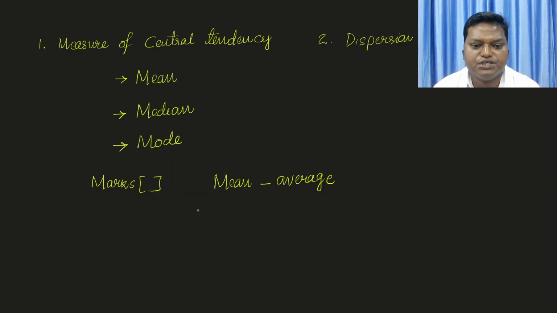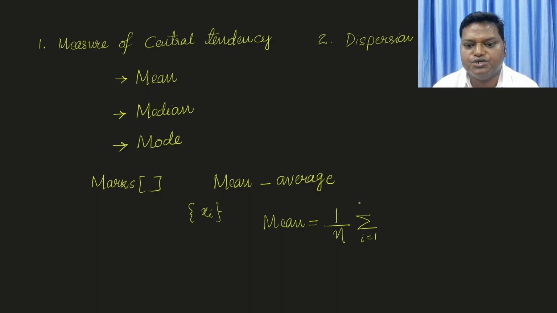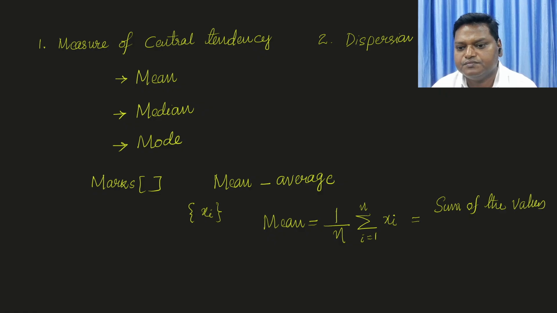If we have a set of values, set of xi, then the mean is calculated as 1 by n into sigma i equals 1 to n xi. Sum of the values by the number of the values or the attribute.